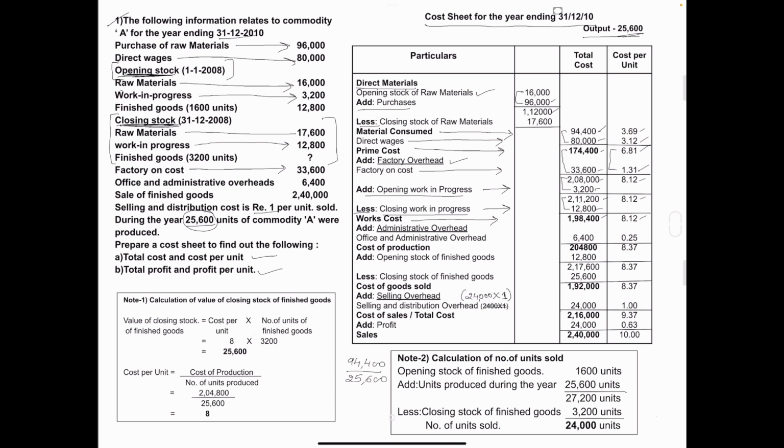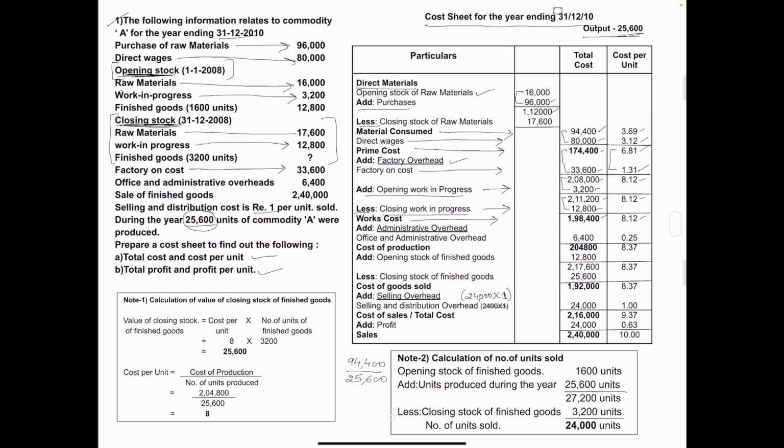After that, we have to add administrative overhead. One more name for this is office overhead. Any charges, any expenses or any overhead related to office or administration will be taken under this head. For example, printing and stationery, depreciation on furniture, office manager salary, then insurance, all these expenses we will take under this head.